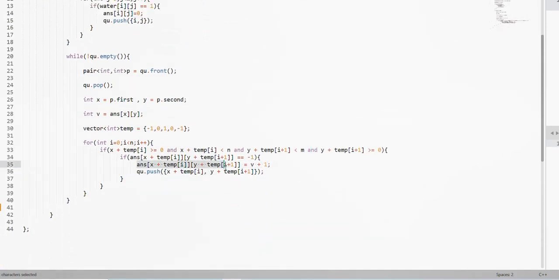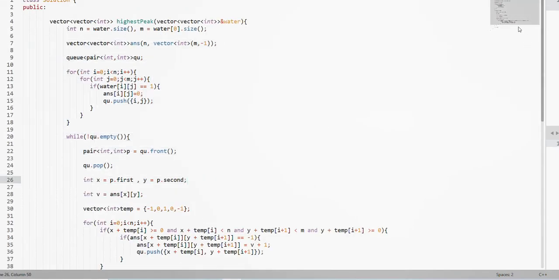In that case, I have to assign the height to these cells, and the height that I assign would be 1 greater than the height of the current cell on which I am standing, that is V plus 1, and I will push this new cell into my queue. In this way, I will have my answer matrix prepared, and I will return my answer matrix at the end. So this is how this function is working, and this is the implementation in C++.